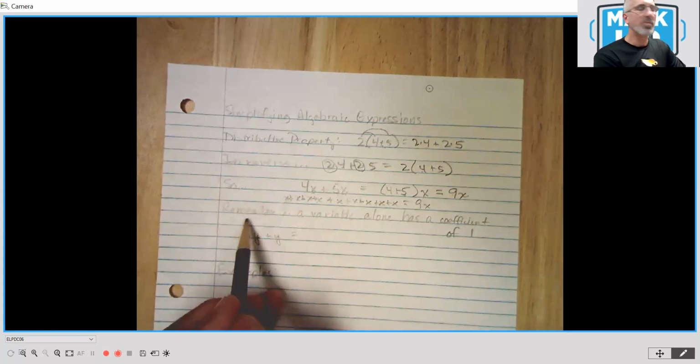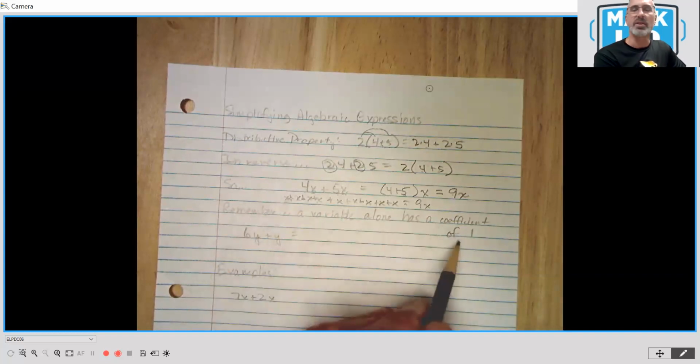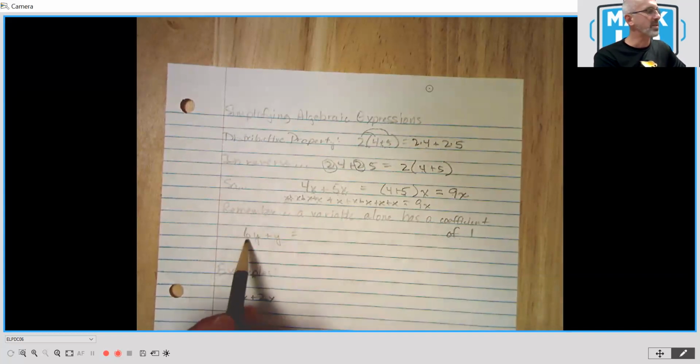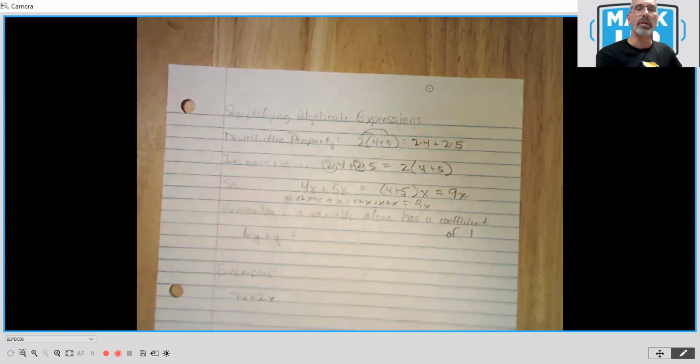Something to remember: if a variable is standing alone, it has a coefficient of 1. So in this case, 6y plus y, we understand that there is a 1 right there, even though it is not written there. So 6y plus 1y.